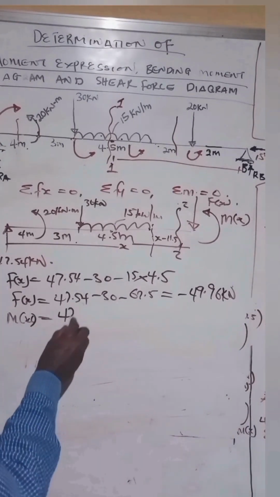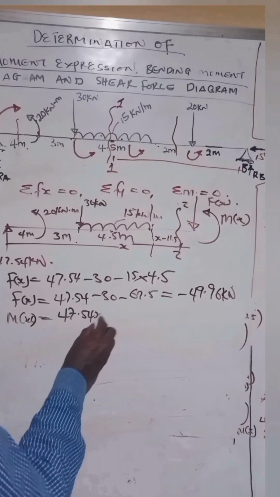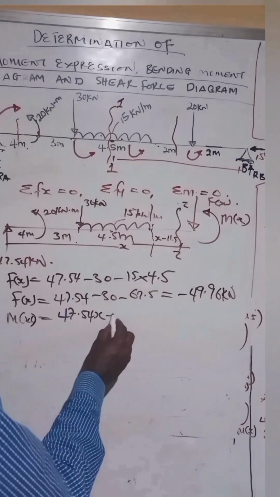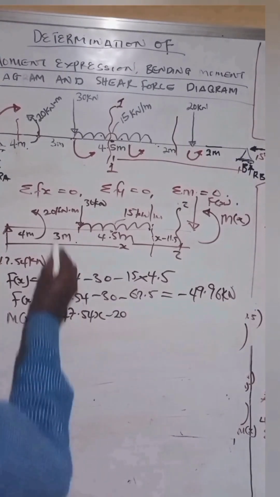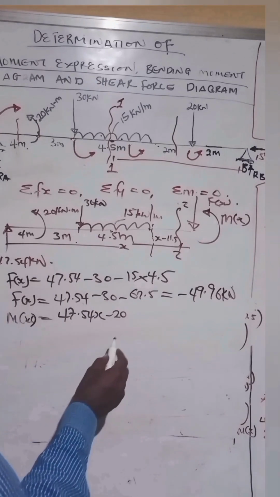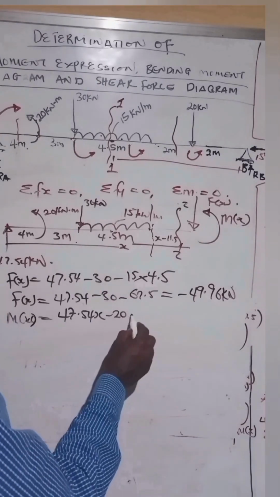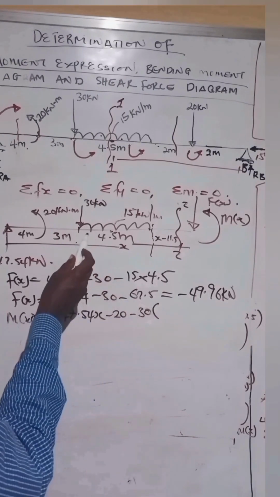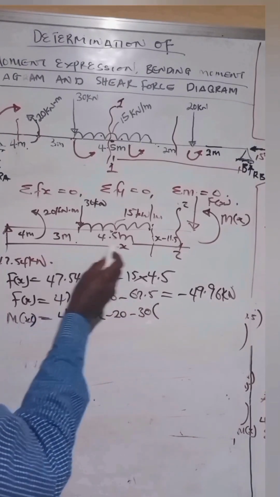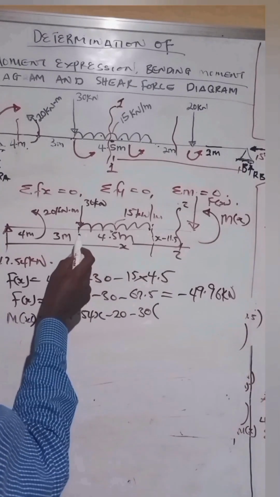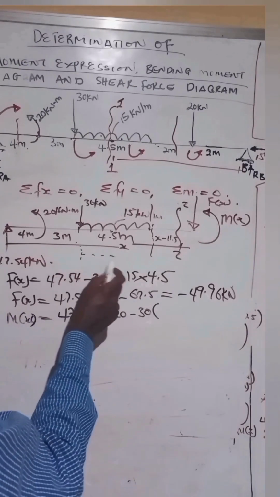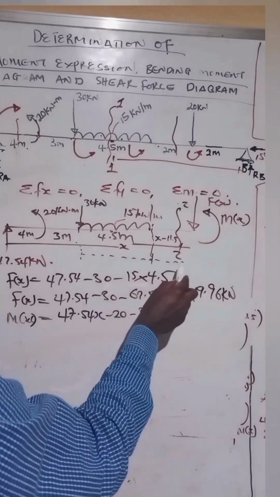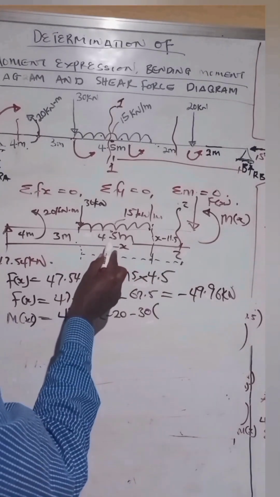Remember, this is 47.54x, the distance to x, moment about x. We have a turning moment of 20 kilonewton meters. We have a 30 kilonewton force. It becomes 30 times the distance from this point to our ZZ section. Look at the distance here, which is 4.5.